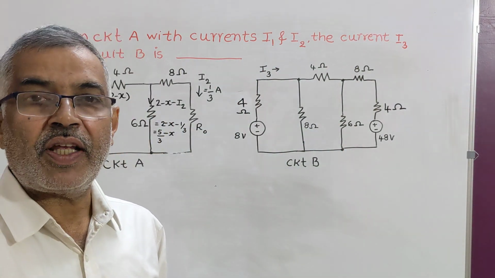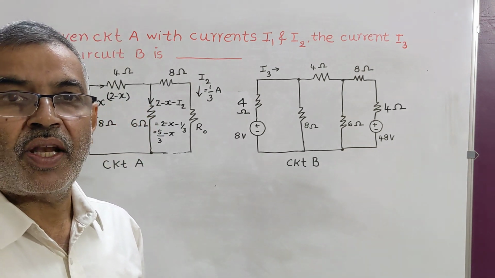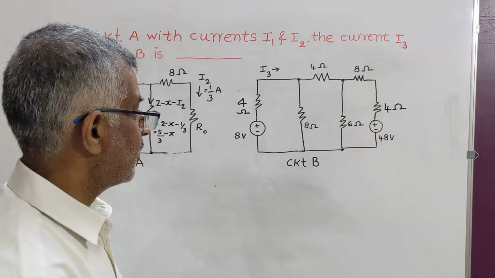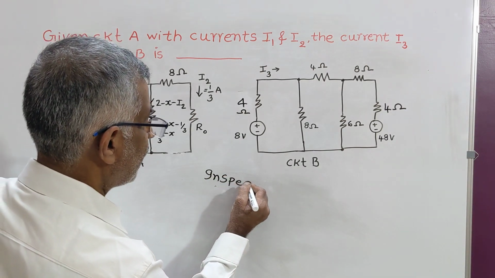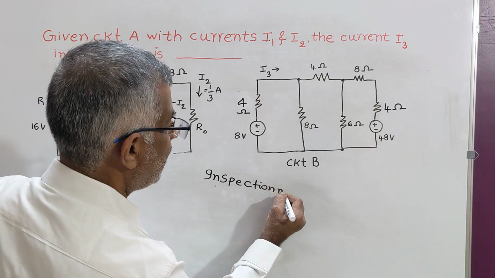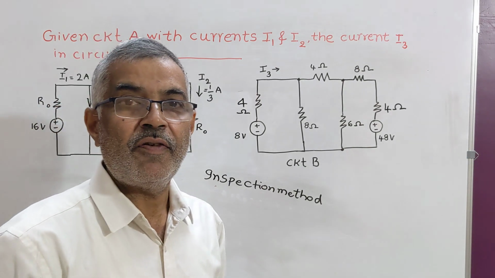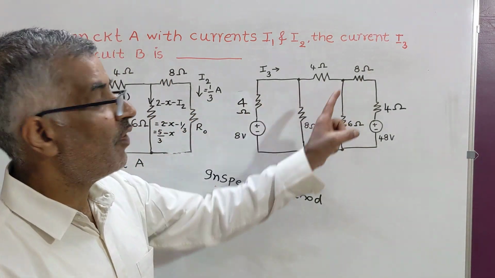While studying network analysis, your teacher might have taught you what is known as writing KVL equations directly by the inspection method. Inspection method is a method of writing KVL equations directly by looking at the figure.